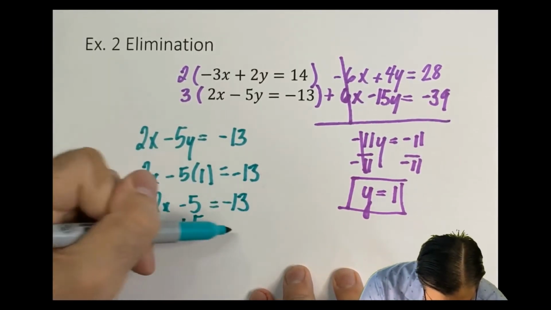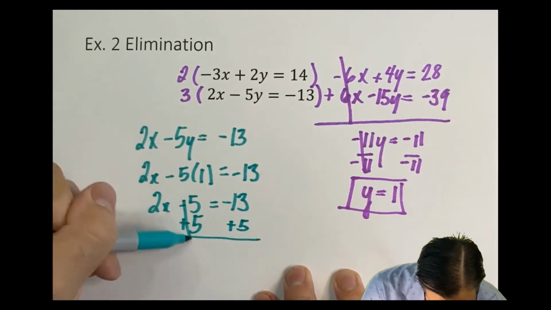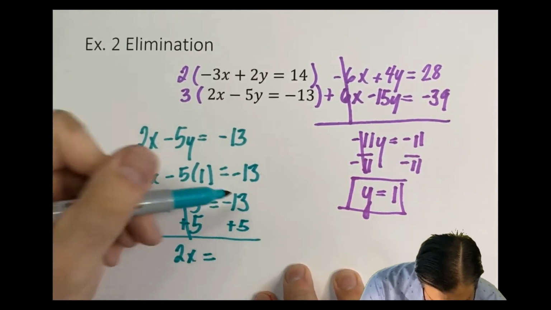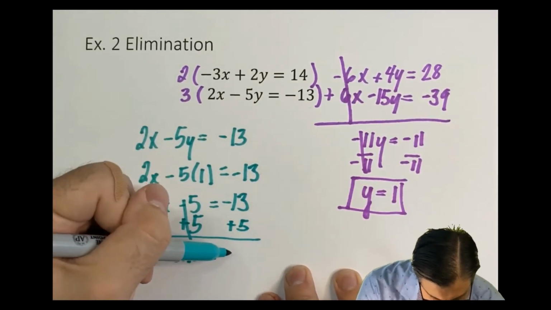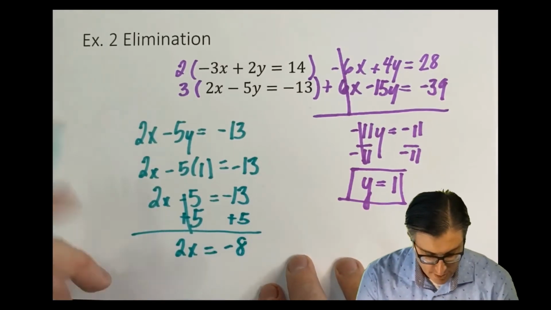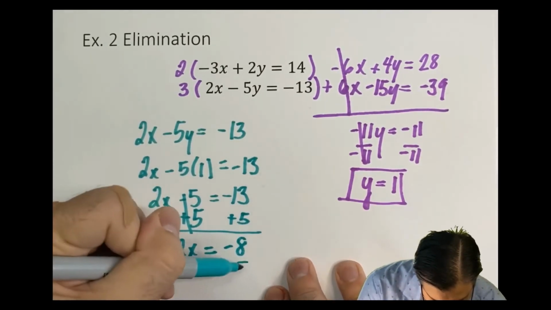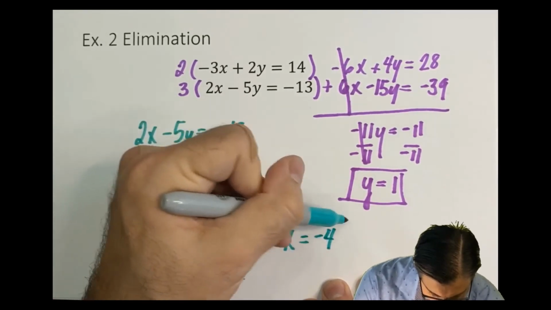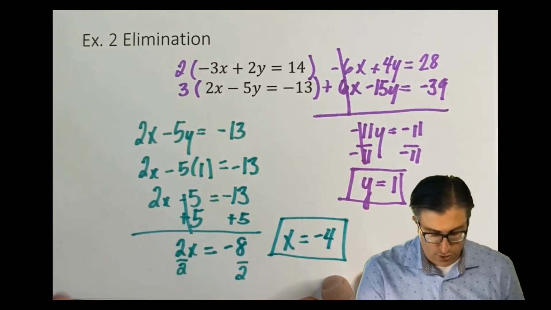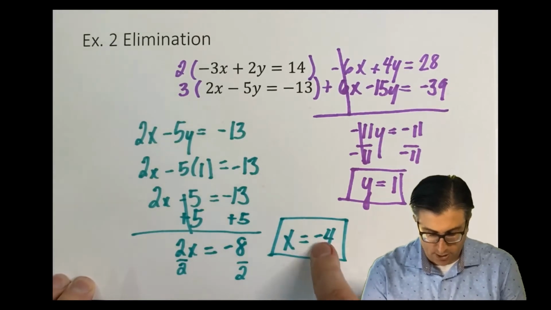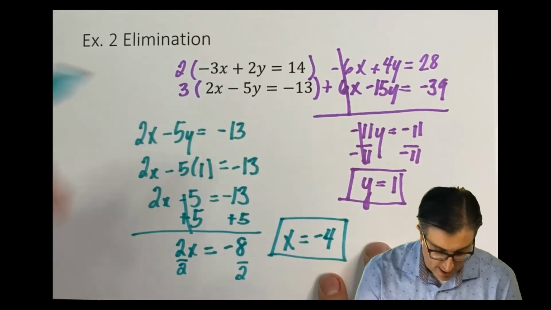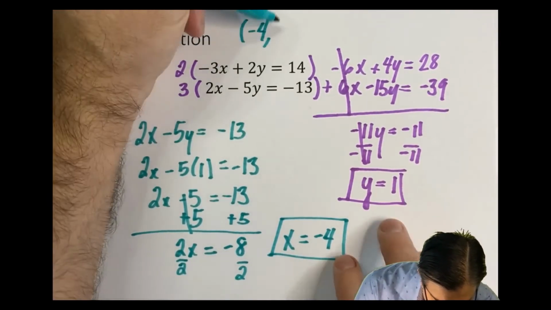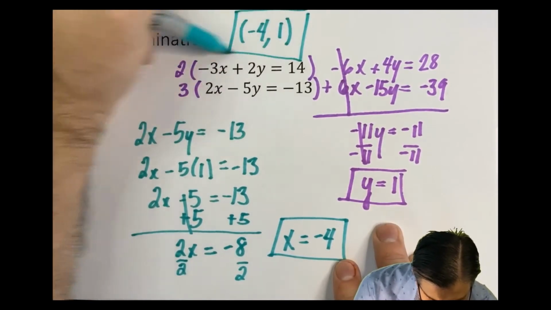I add 5 to both sides, and I get 2x equals negative 13 plus 5, which is negative 8. Divide both sides by 2. Negative 8 divided by 2 is negative 4. So my solution is x comma y, which is negative 4 comma 1.